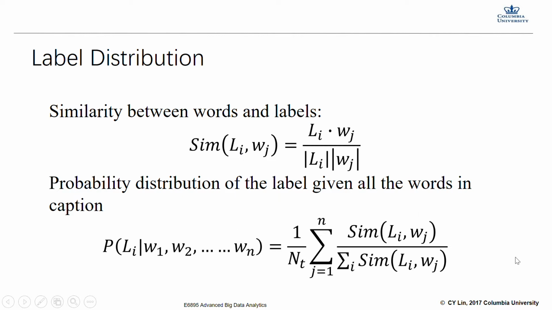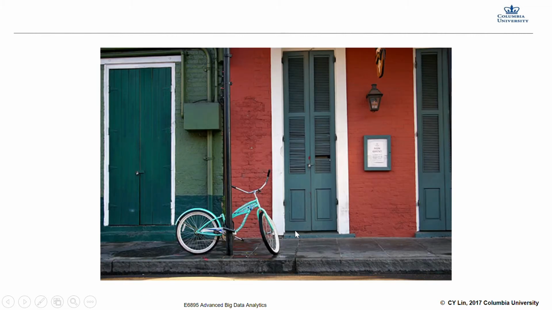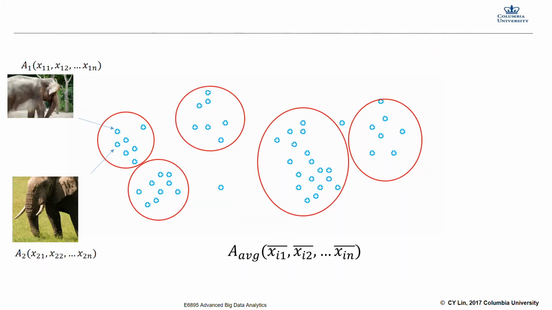This is the correlation between your words and the label given your description. This is just an example: a bicycle is in front of a building, and we just calculate the correlation here, and we can see the picture is this. So here's when we do the clustering.